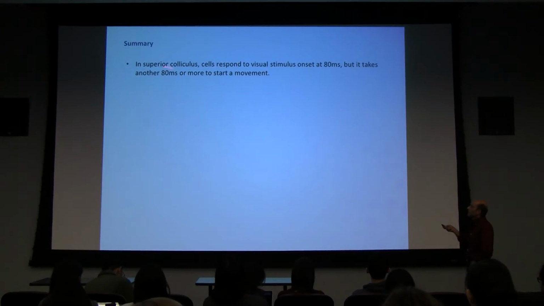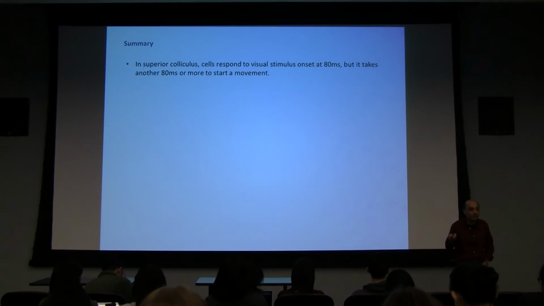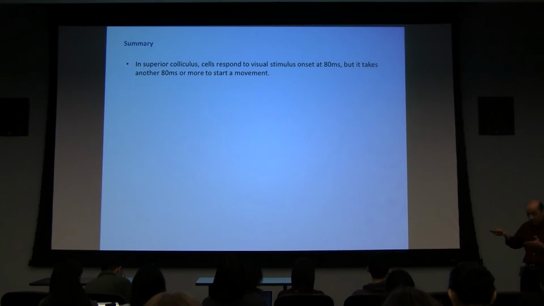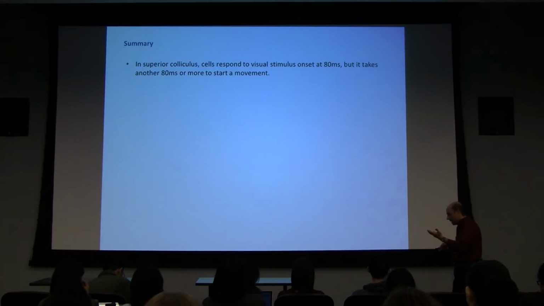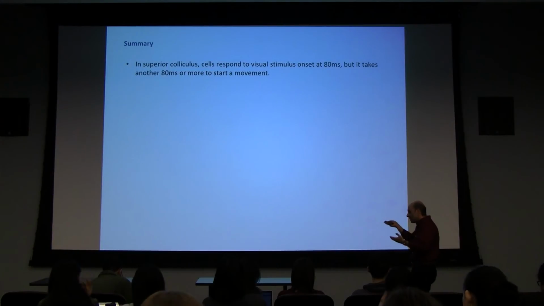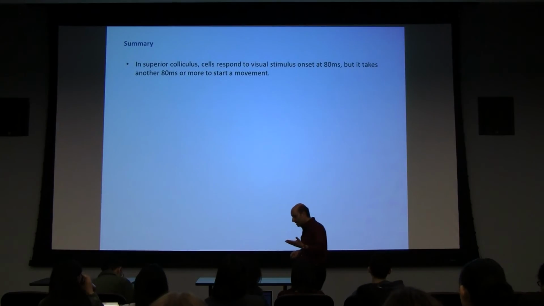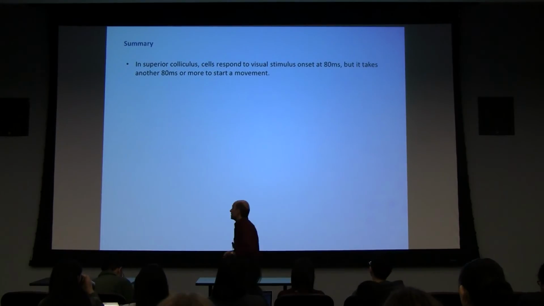You wait, and it takes you time to compute, should I make this movement or not? And that is a computation that your brain is performing, associating, well, I think there's something good over there, but I think also there's something good here. At some point you decide, okay, I think what's over there is better than what I have here. I'm going to make a movement. It takes time to compute that utility.